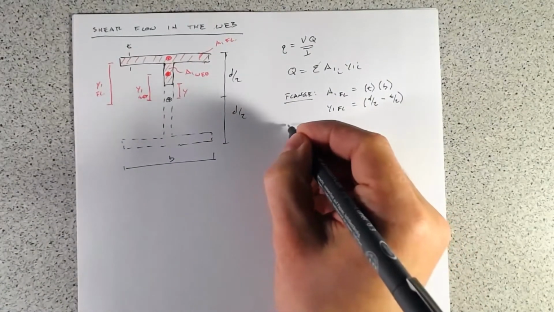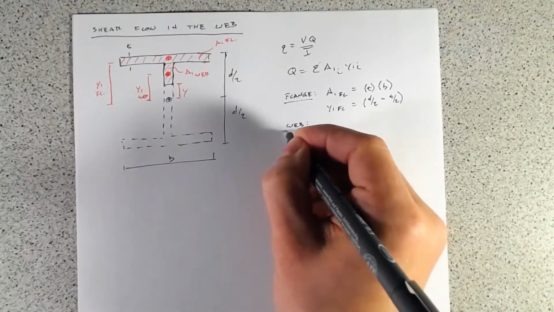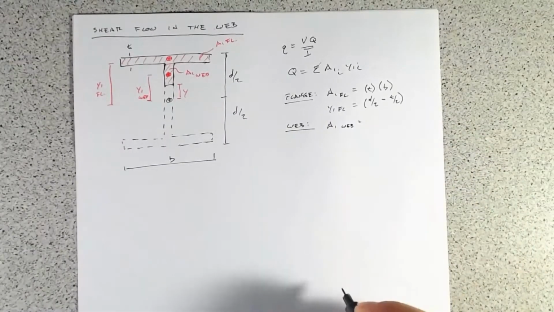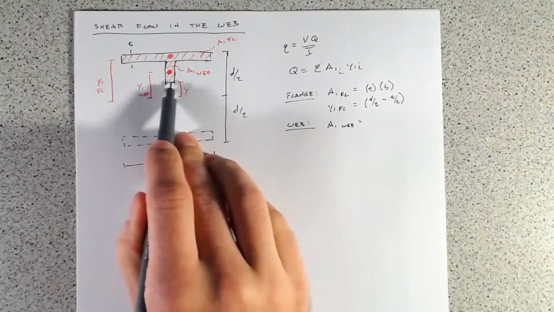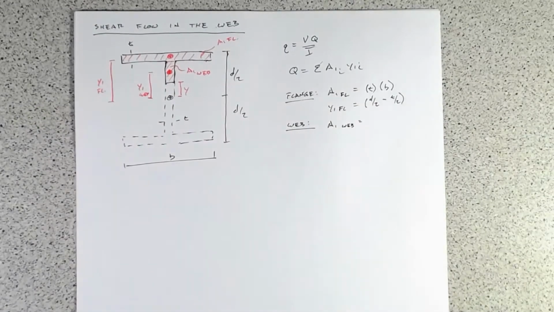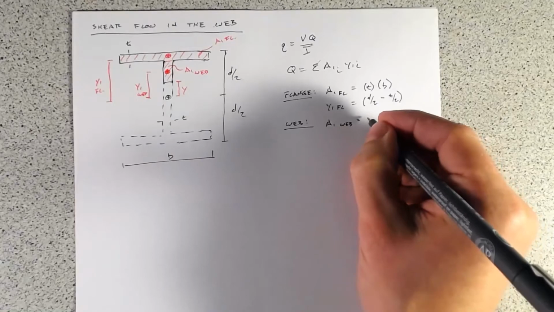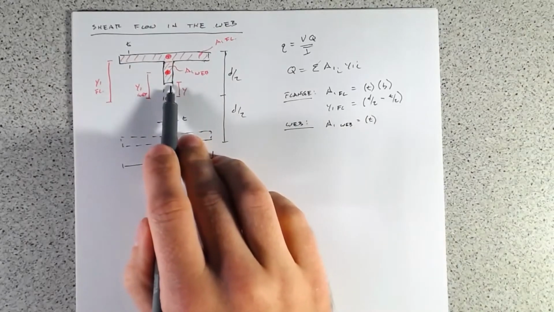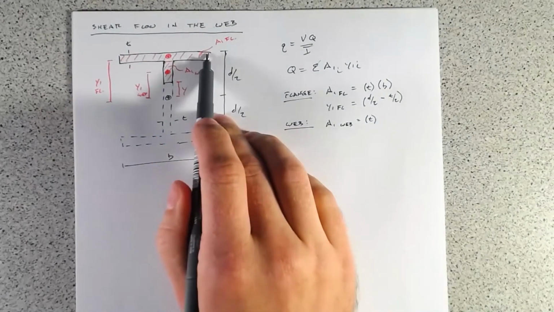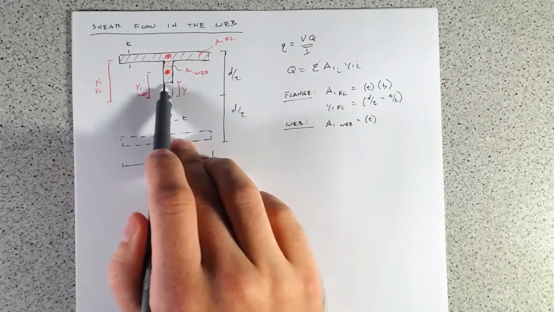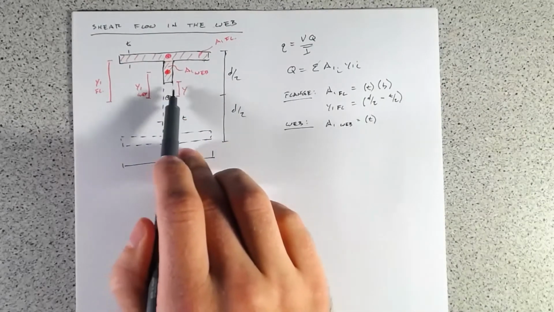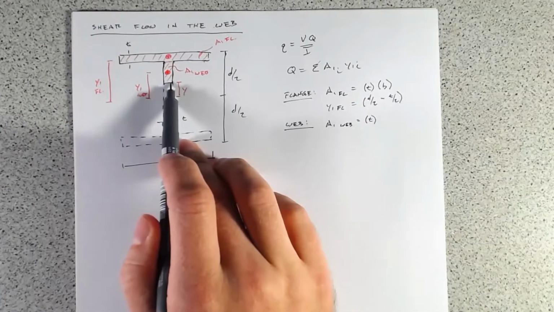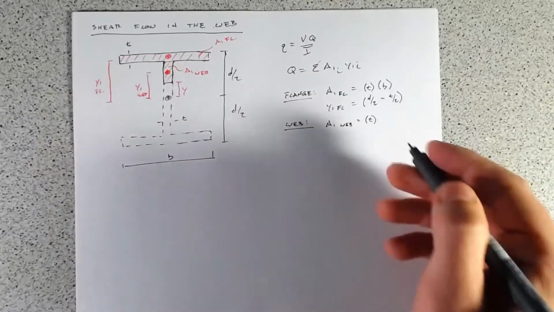Now for the web. A1 of the web equals, well, it's the thickness of the web. So again, that's just a value of t times this distance here. So the top of this is just going to be d over 2 minus the thickness, and then the bottom is y. So you can kind of think of it as d over 2 minus the thickness minus y gives us this distance for the other part of our area.